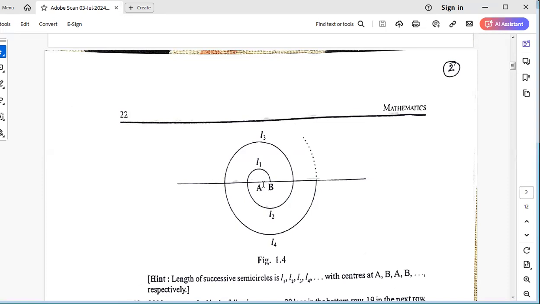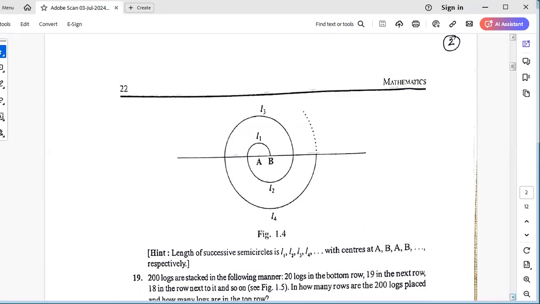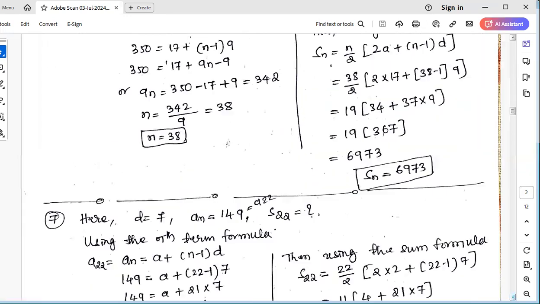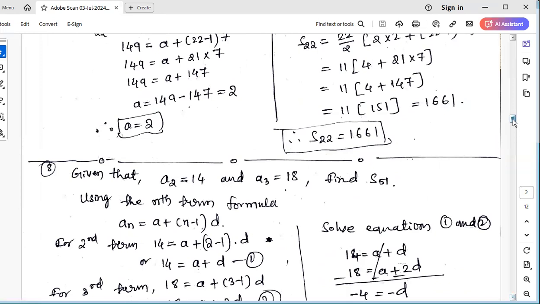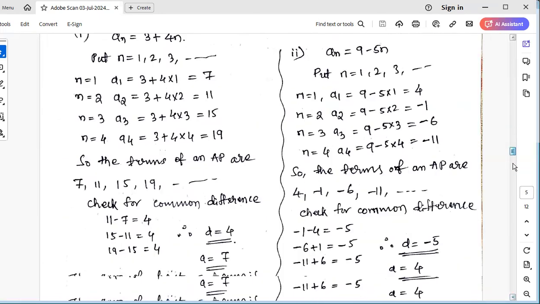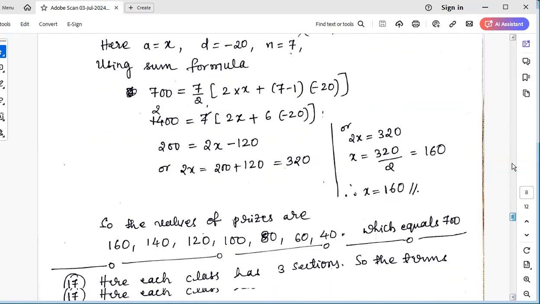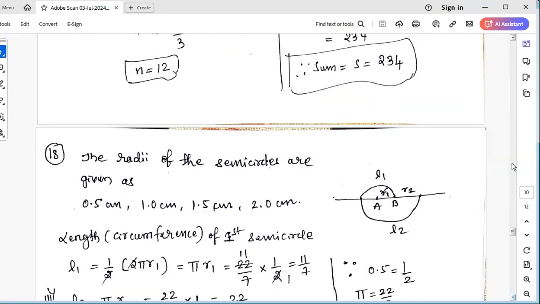So alternately, the place of the center is changing as the semicircles are changing. So we have to determine what is the total length of the semicircles. We'll go to its solution. Problem number 18. So it is like this.